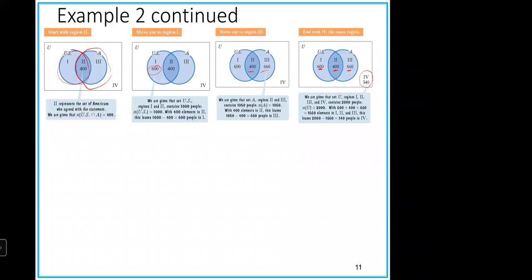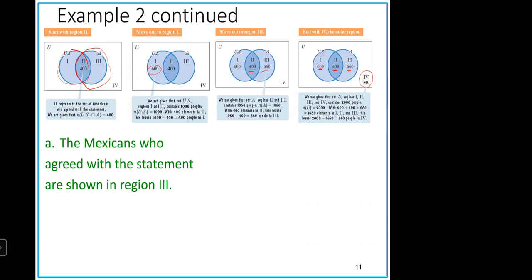And in this case, it was 340. So when they added up those three, they got 1,660. And so when you subtract 1,660 from 2,000, you get 340. So that would represent the persons outside of the circle. Okay. So now that we have all the regions filled out, we can now answer the questions that were asked.